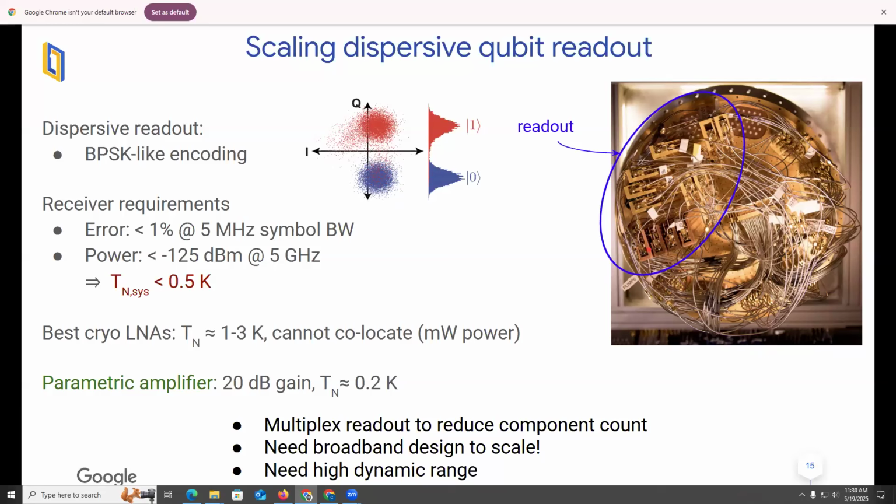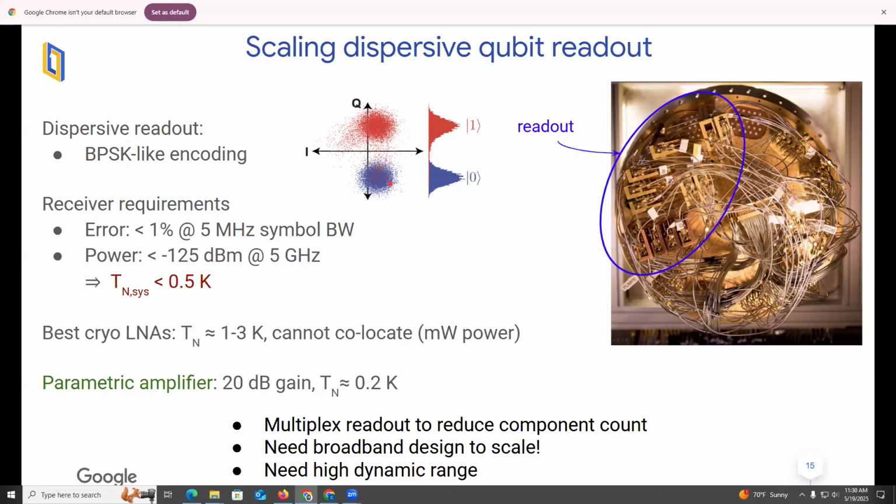So readout, in a nutshell: we're going to send a signal to our qubits. It's going to jump back at us. It's going to have a phase shift on the signal associated with the state of the qubit. This is kind of like binary phase shift keying, if you like to think about it in communication language.